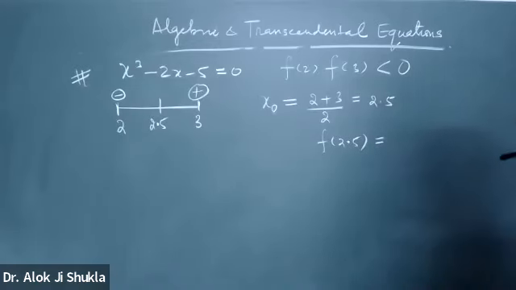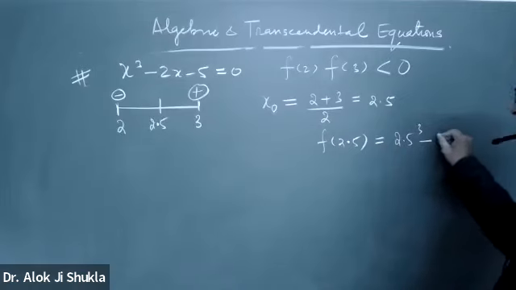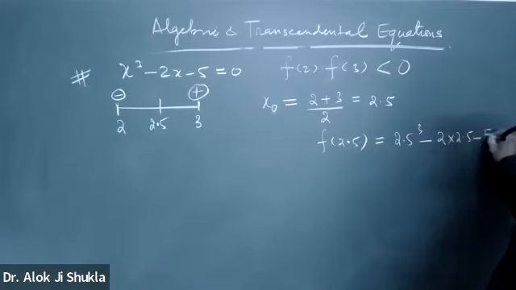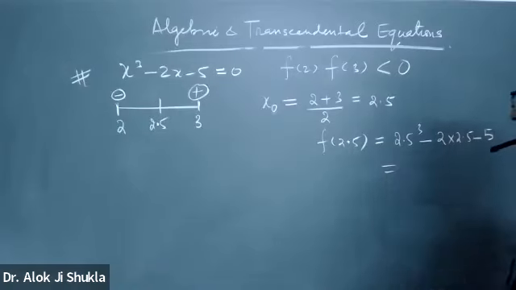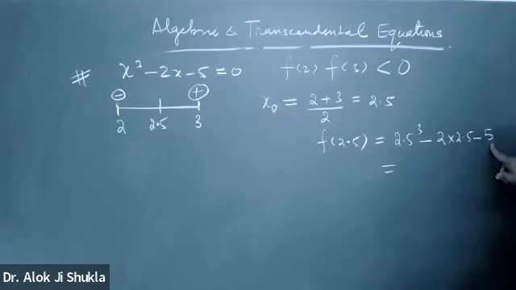Total value: 2.5 cube minus 2 into 2.5 minus 5. What is this value? 14.625. So ये दोनों cancel हो जाएंगे ना?